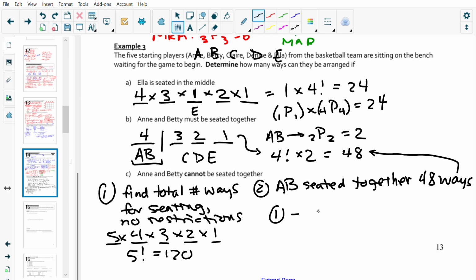Okay, so if I subtract 1 minus 2, I should get the number of ways A and B not seated together. Makes sense, right?